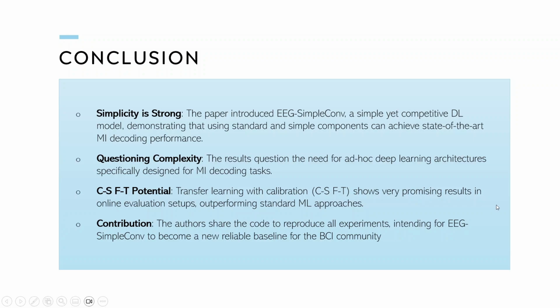The results question the need for ad hoc deep learning architectures specifically designed for motor imagery decoding tasks. Third, transfer learning calibration shows very promising results in the online evaluation setup, outperforming standard motor imagery approaches.